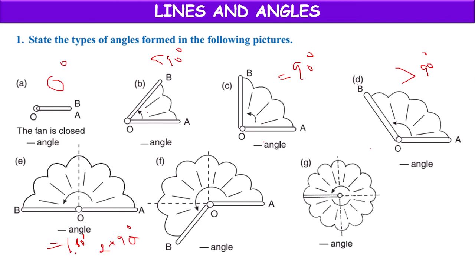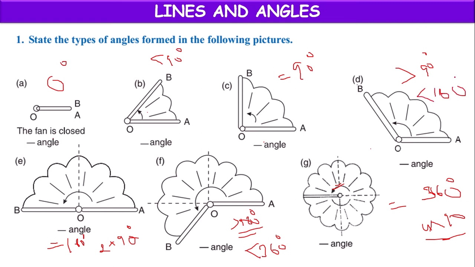Greater than 180 degrees and less than 360 is a reflex angle. Equal to 360, or four right angles, is a complete angle. In an obtuse angle also, children, it is greater than 90 and less than 180.